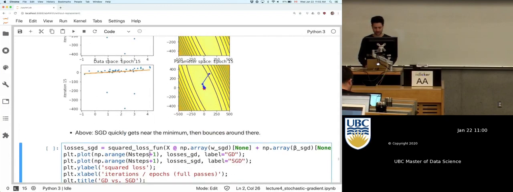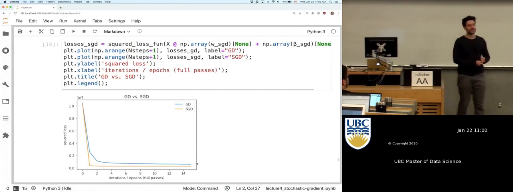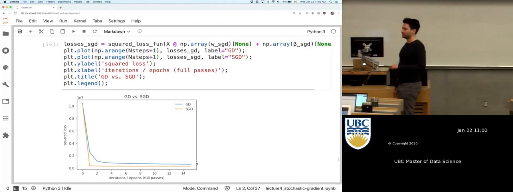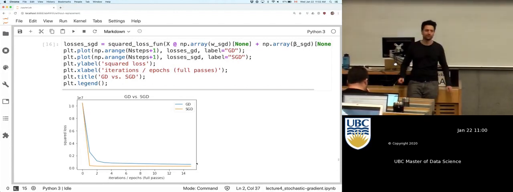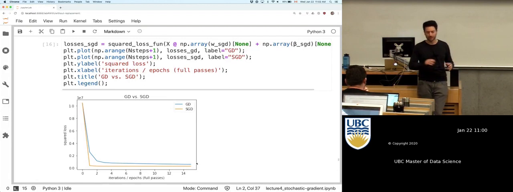Okay. And in this case, you have the losses, and for this particular case, stochastic gradient seems to minimize the loss faster. But again, we have to be a little careful here because if we wanted super high accuracy and we ran it for a long, long time, those lines may cross eventually, and we may get regular gradient descent getting higher and higher accuracy, whereas stochastic gradient at some point is just sort of bouncing around.